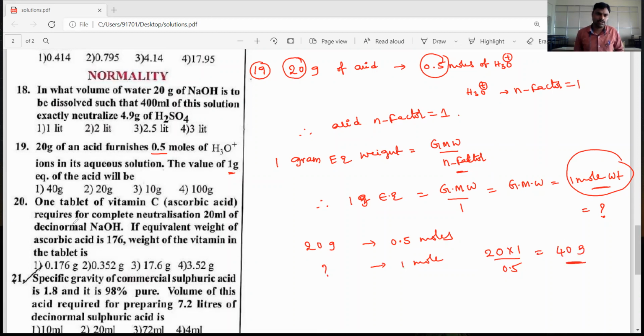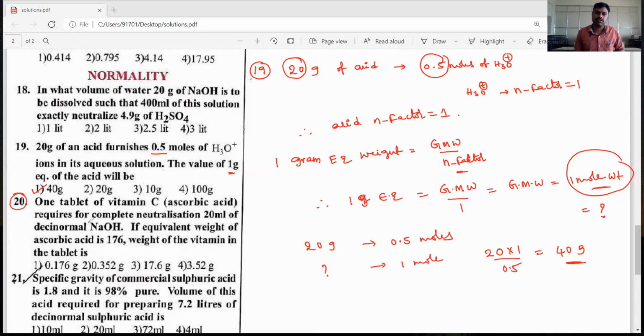Okay, dear students, so the acid's gram molecular weight is equal to 40 grams, or 1 gram equivalent weight is equal to 40 grams. Because its n factor is equal to 1, the gram equivalent weight is equal to the gram molecular weight only, and it is equal to the weight of 1 mole of the substance. So the answer is the first option.